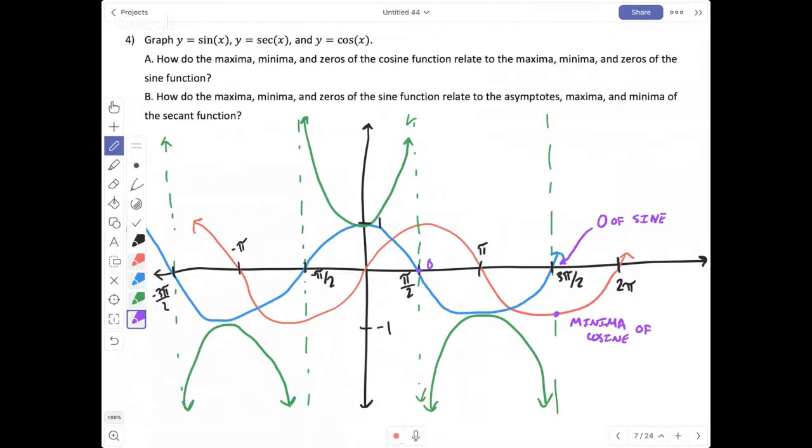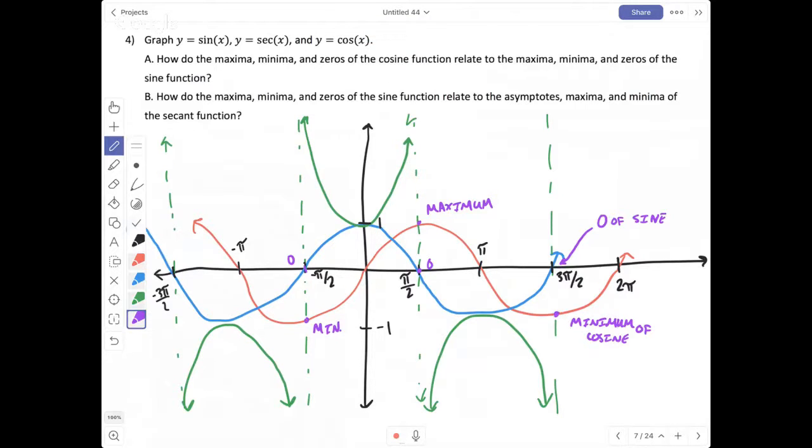Zero, maxima. I suppose I should say maximum. That's a specific one. And here, 0 and min.